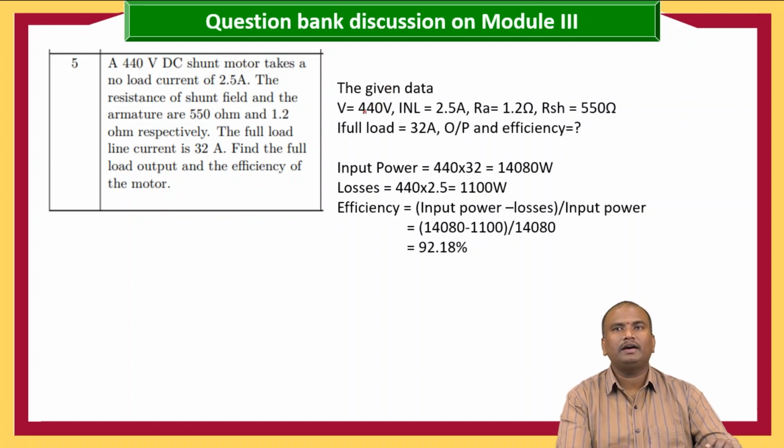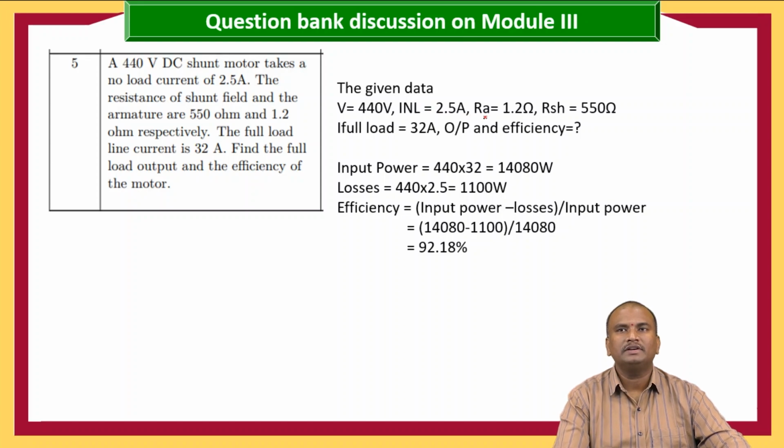Here the given data: voltage is 440 volts, no load current is 2.5 amperes, armature resistance is 1.2 ohms, shunt field resistance is 550 ohms. Full load current is 32 amperes.